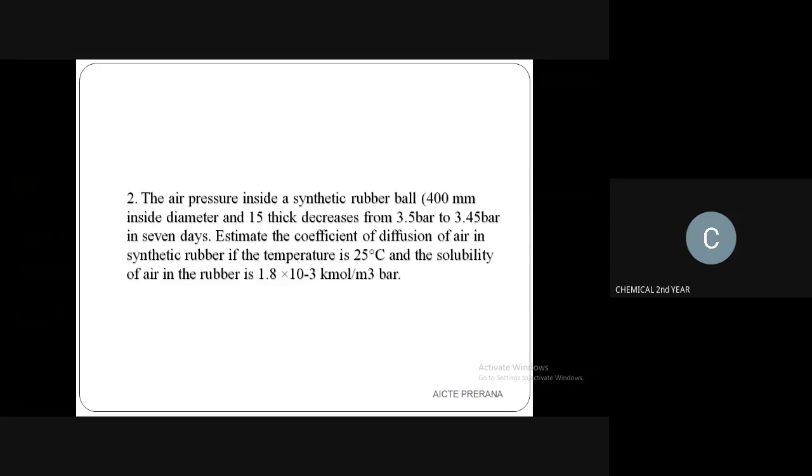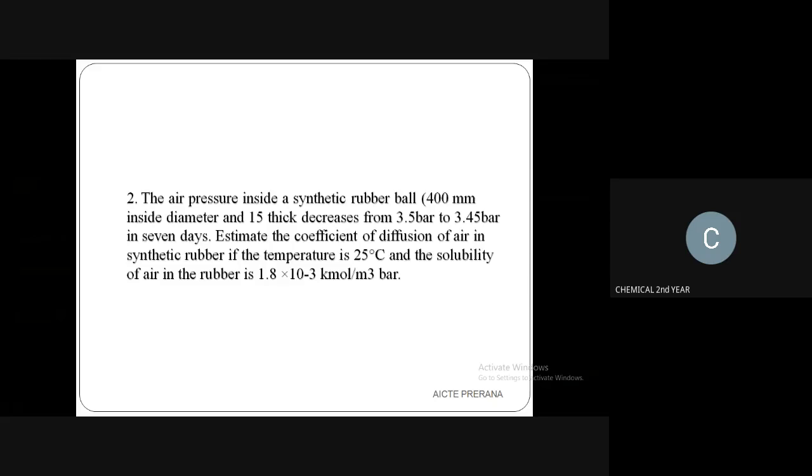It is a synthetic rubber ball with a 400 mm inside diameter and 15 mm thickness, and its pressure decreases from 3.5 bar to 3.45 bar in 7 days, in a week.